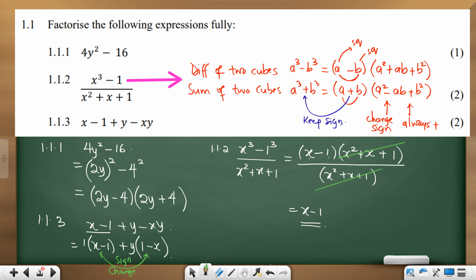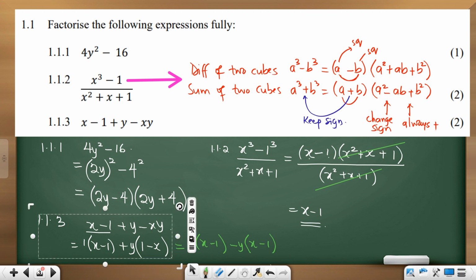I hope you remember what your sign change is. What would that be? 1 into bracket x minus 1. I am going to apply a minus here. And once I do that, I change that into x minus 1. Please do not forget how to apply your sign change. And you can only apply it when it's a negative, not positive. But remember, they are almost the same.